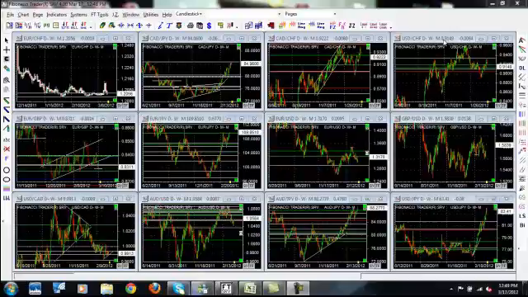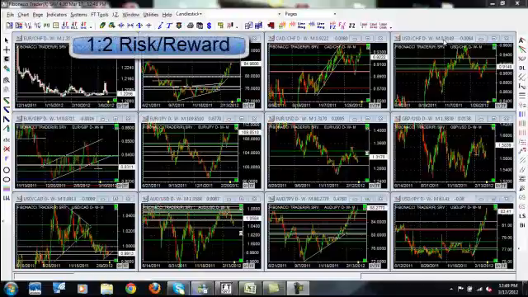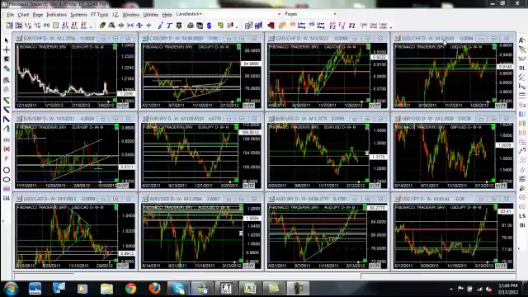You make sure you have, most of the time, at least a 2-to-1 risk-to-reward ratio. So if you have a 100 pip stop loss, you want to make sure that you have a 200 pip potential move. All right. So at that point, when you have a 1-to-2 risk-to-reward ratio, you can actually lose more than half your trades and still come out very profitable.